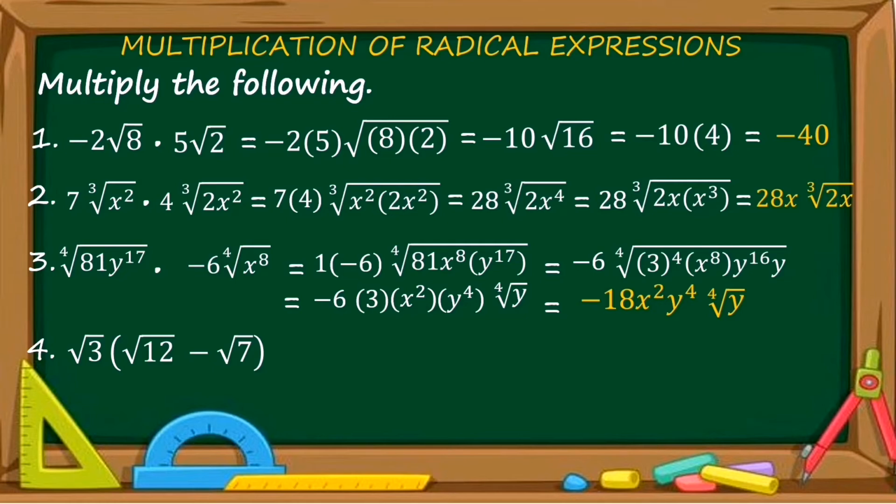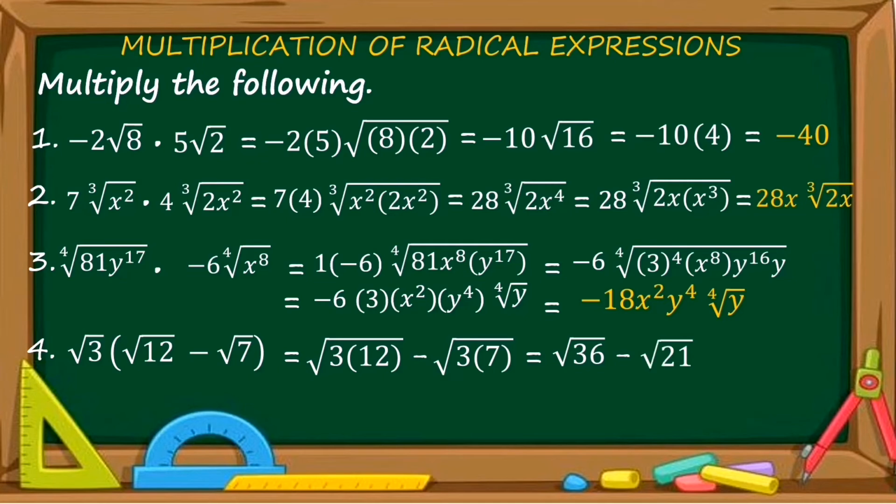To answer this, we will multiply square root of 3 to each term of the binomial radical. So that is equal to the square root of 3 times 12 minus the square root of 3 times 7. And then it will give us square root of 36, because the product of 3 and 12 is equal to 36, minus square root of 21, because the product of 3 and 7 is equal to 21.